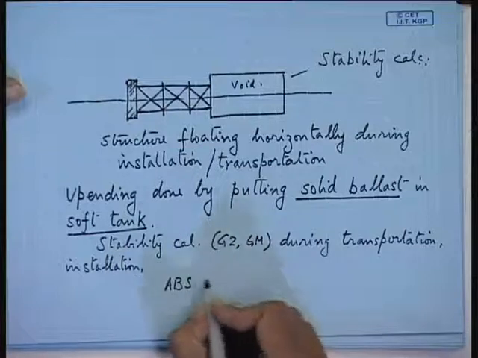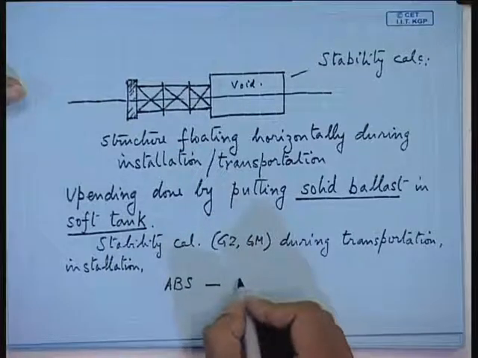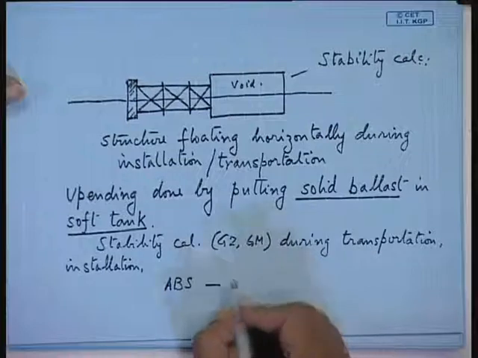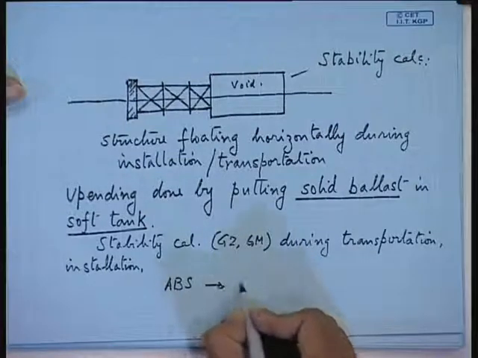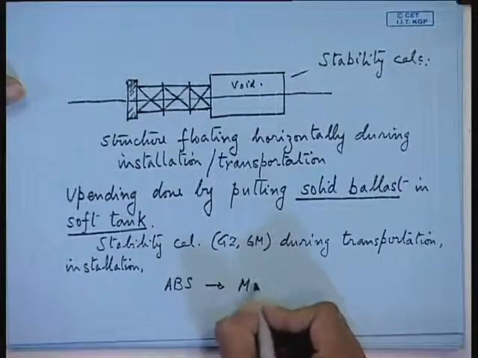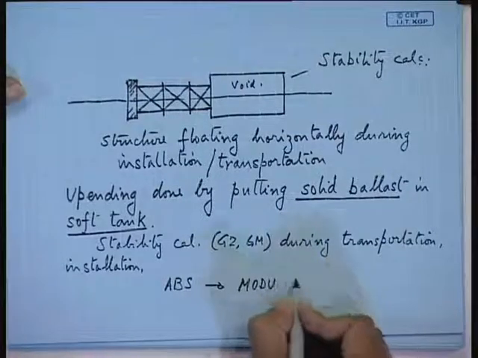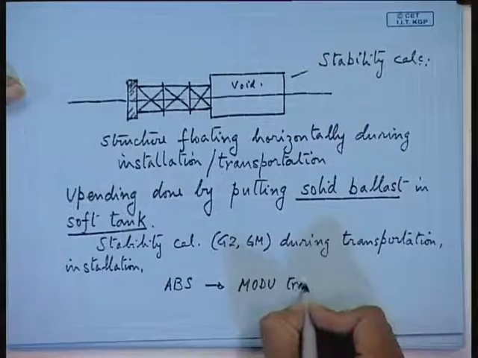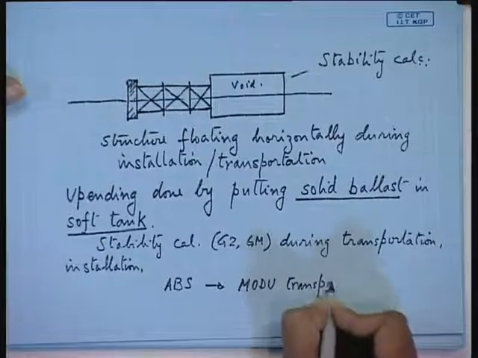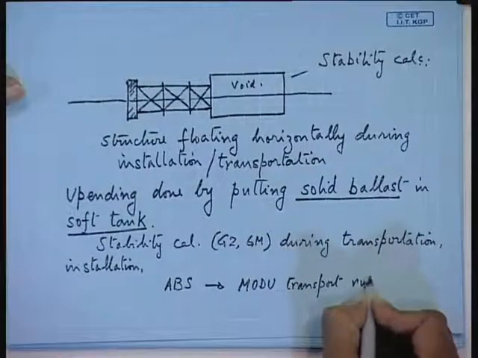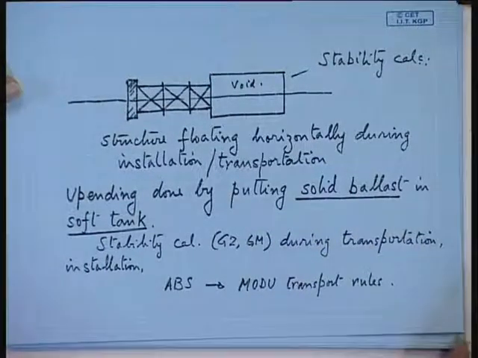So, wherever you go to shipyards of these contracting firms, you look up the ABS mobile offshore drilling unit, MODU, transport rules. So, all these manuals you will find in the offshore companies.